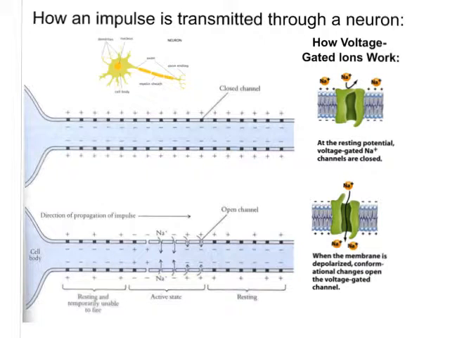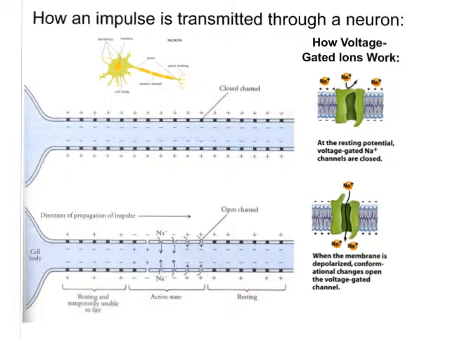So when it's open, the sodium ions then can travel through it. You remember we discussed facilitated diffusion before, and that's really what's going on with these gated ion channels. And these gated ion channels are located all along that axon.